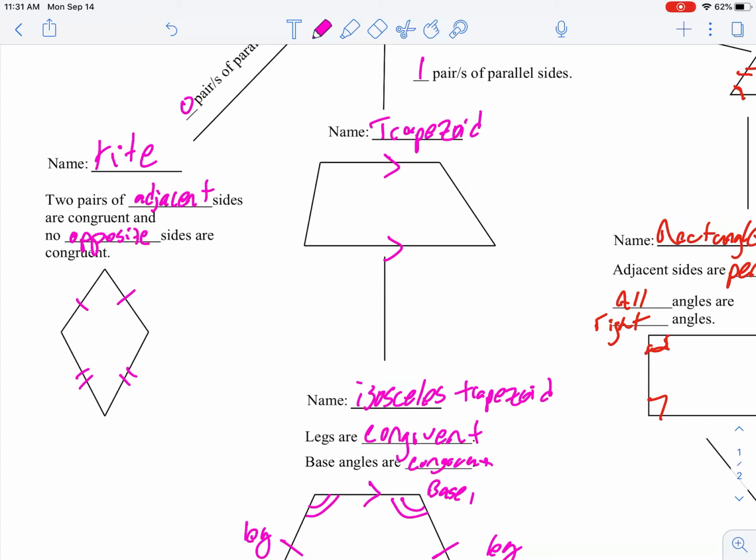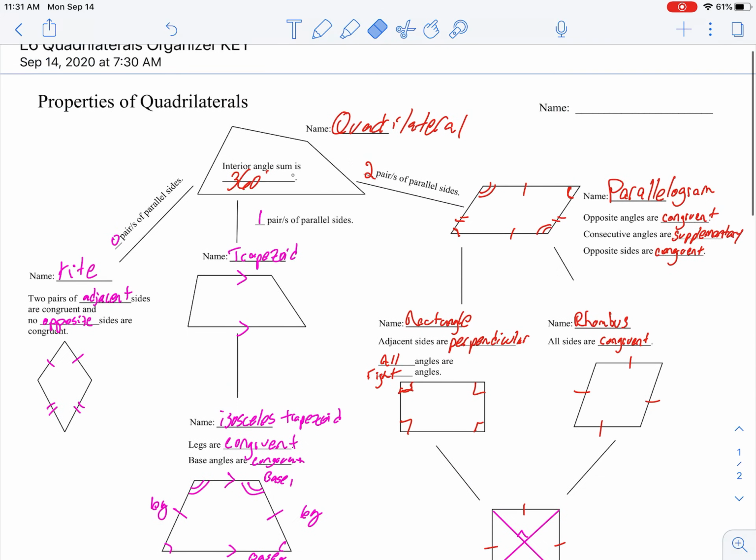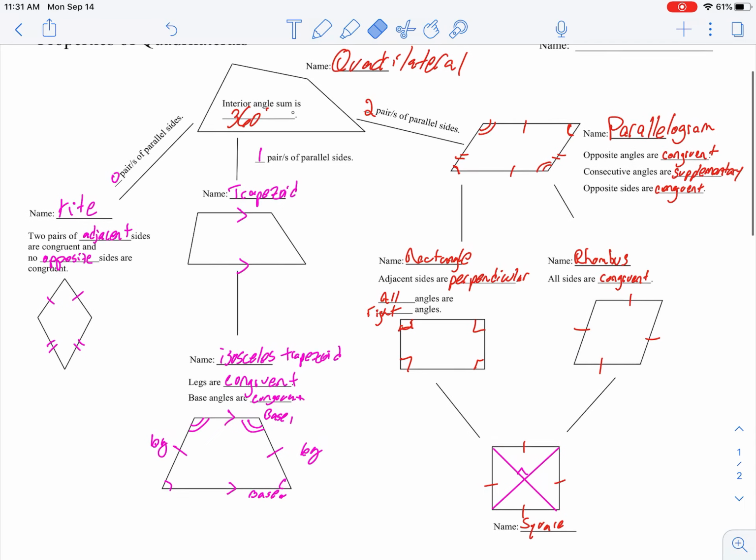So that opposite sides means, hey, these are not congruent right here, okay? The only other thing kind of fancy about a kite is here in the diagonals. It's nice to know that the diagonals in a kite are also perpendicular, okay? So one of those random things, again, when you went through quadrilaterals back in prior years, if you didn't, well, I threw that out there right now, that we'll randomly use that throughout the year, okay? All right, that's the graphic organizer.